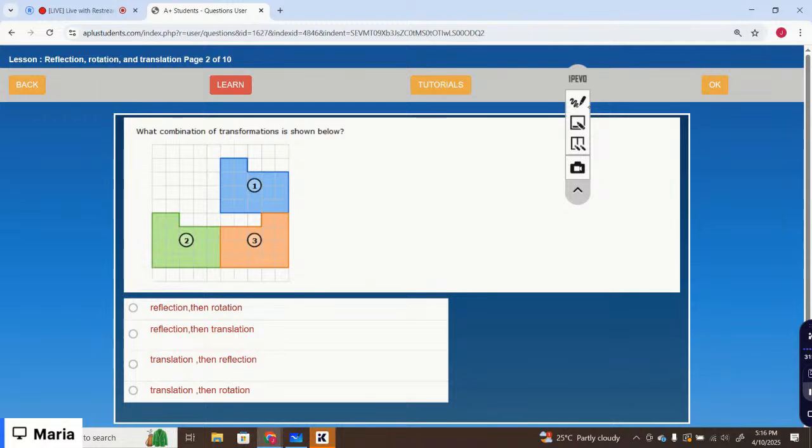And then from 2 to 3, that is the reflection. From 1 to 2, you are moving the whole image to a new position. That is a translation. So translation and then reflection. Option 3 is the correct option.